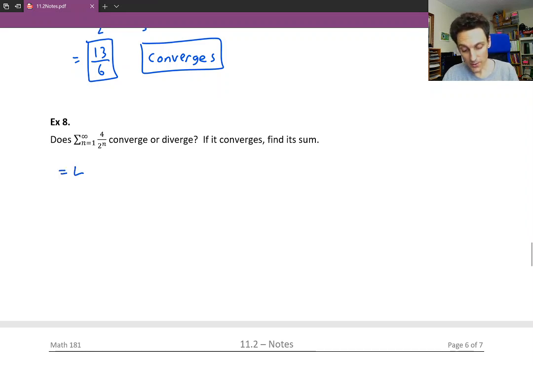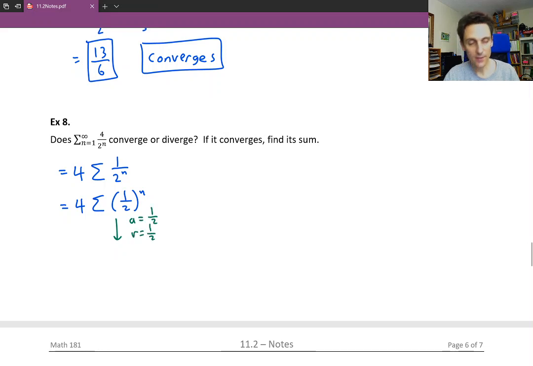Well, the first thing we could do is factor out the 4 from everything. And we're left with 1 over 2 to the n. 1 over 2 to the n can be written as 1/2 to the n. And again, it's a geometric series with a equals 1/2 and r equals 1/2 in a very similar way to example 7.